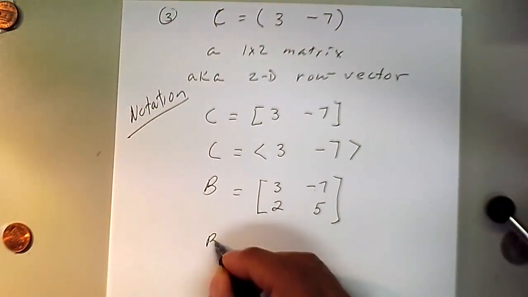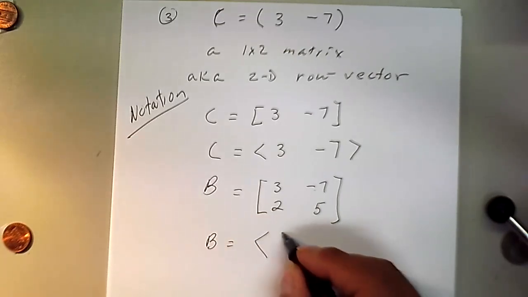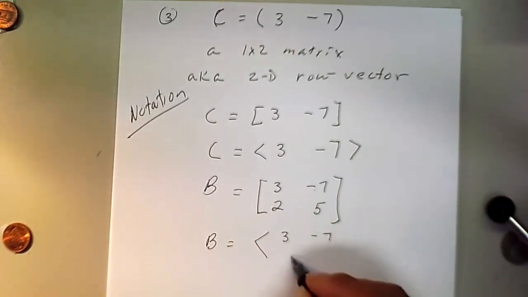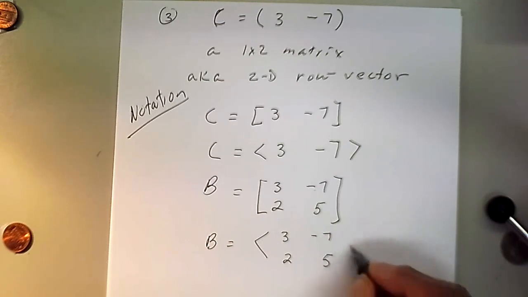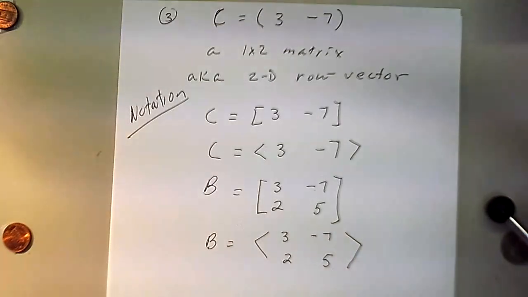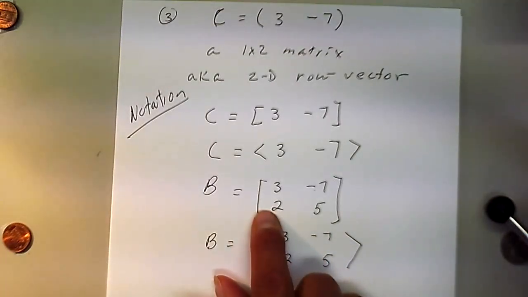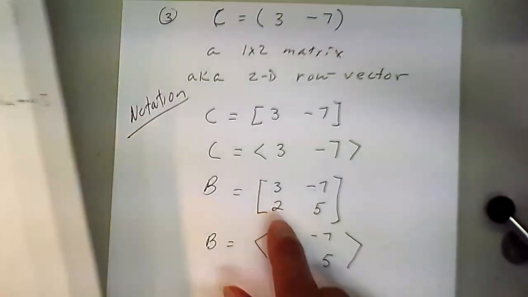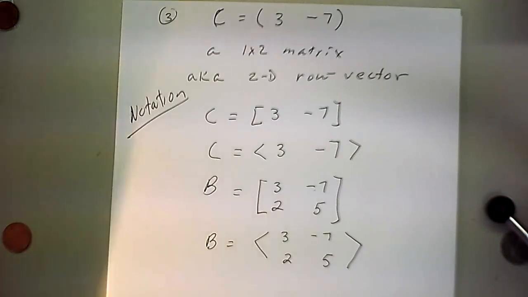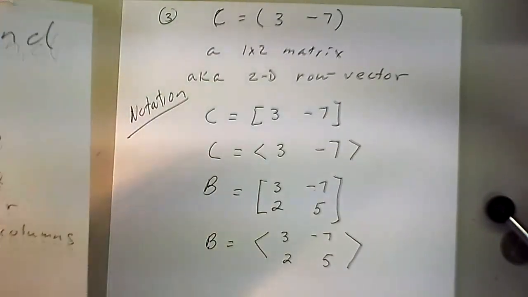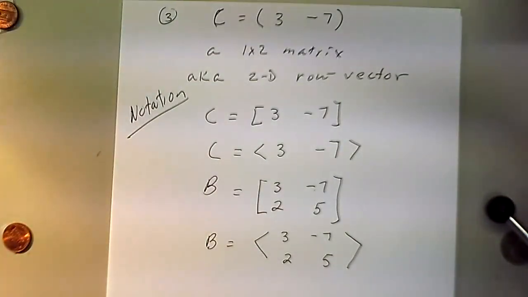I don't see this notation often with matrices, but I don't see why not. We can just do this. Most people use rectangular or round parentheses, and I don't think it makes any difference one or the other. It is reasonably clear that we are dealing with matrices when we are doing that.